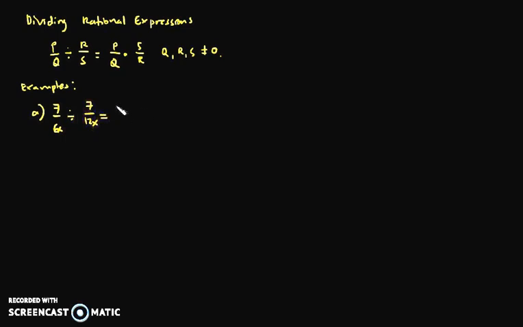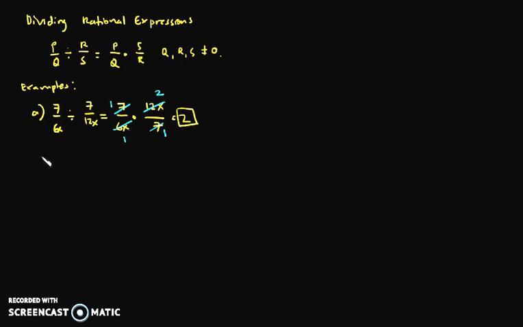This gives me 7 over 6x multiplied by 12x over 7. Applying what we learned in the previous topic, multiplication of rational expressions, the 7s will cancel out, and 12x divided by 6x gives us 2. So the final answer is 2.